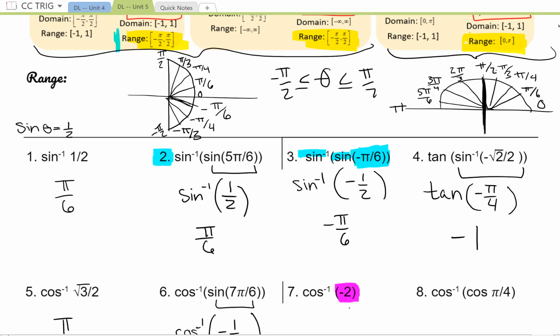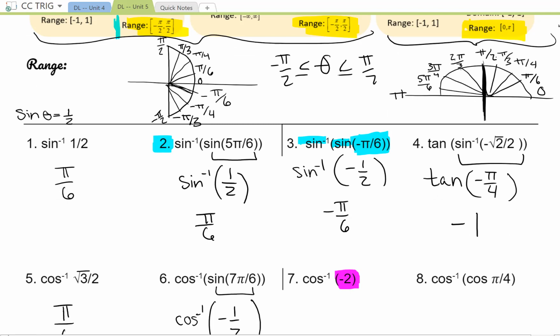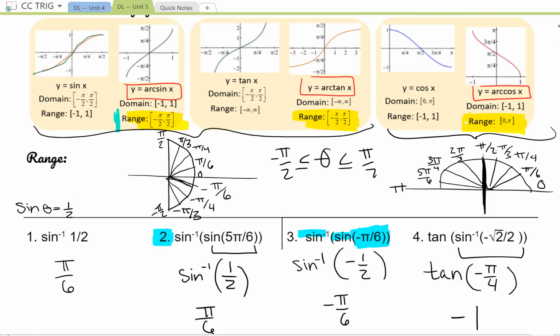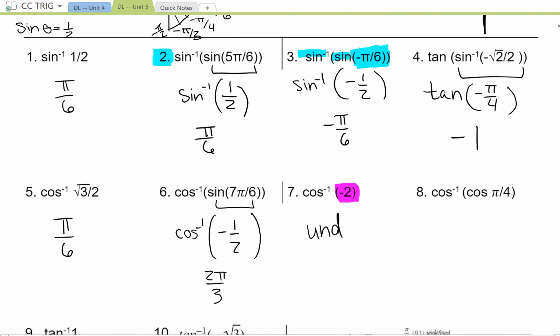Is -2 in the domain of inverse cosine? I look here and I see that the domain of inverse cosine is -1 to 1. -2 is not even there. So this is undefined. There's no value there.